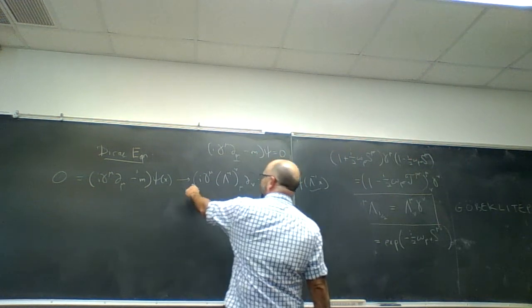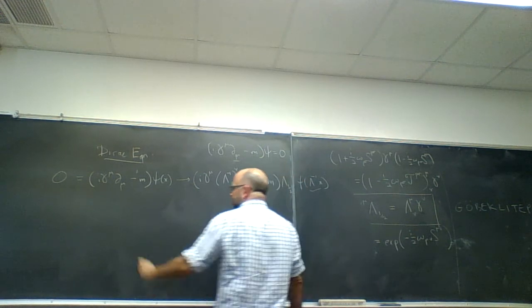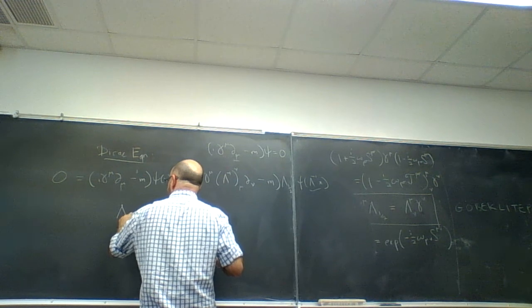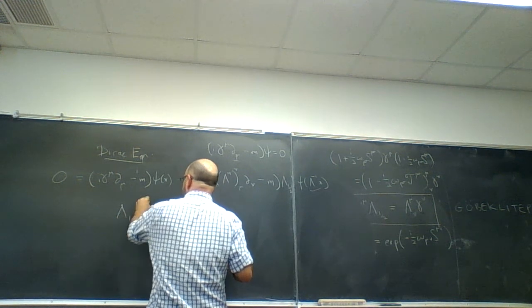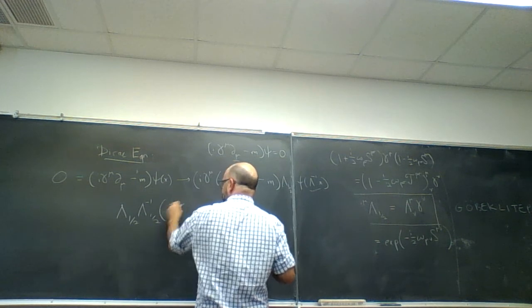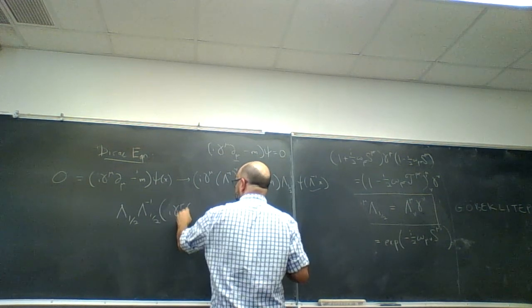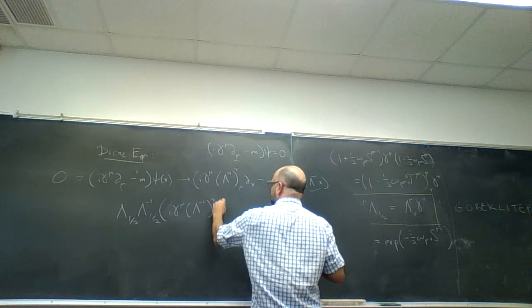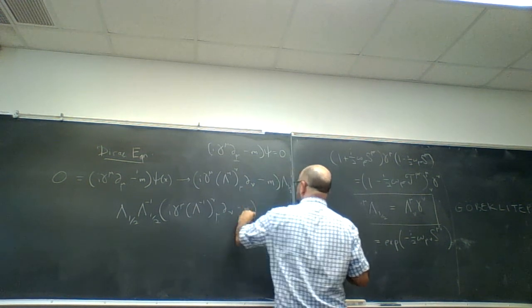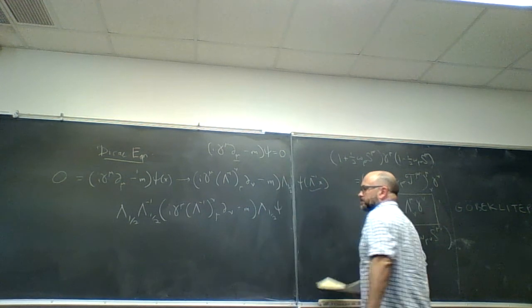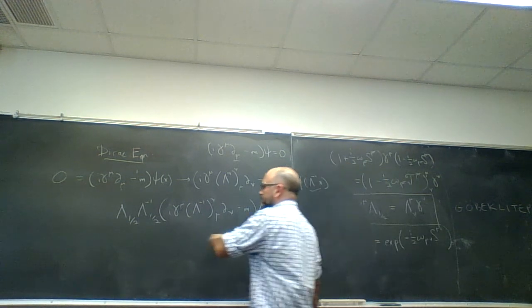So I'm going to multiply by 1 out in front here in the form of lambda 1/2 lambda inverse 1/2. So this thing's just 1. Right? And I still have all this stuff here. Again, remember, I'm just suppressing this argument.